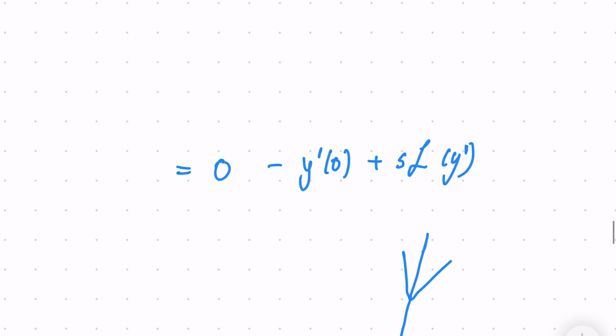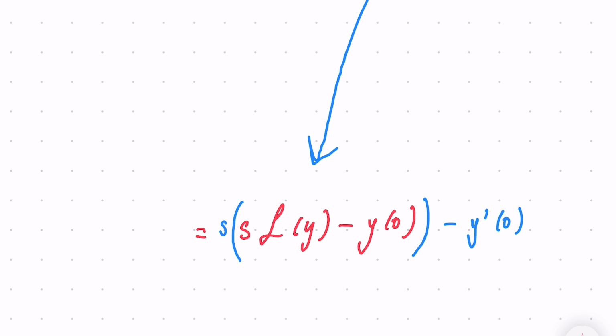Now, I know that L of y dashed, I've just derived it 2 minutes ago, is s L of y minus y of 0. So I'm going to replace my L of y dashed with what I derived.